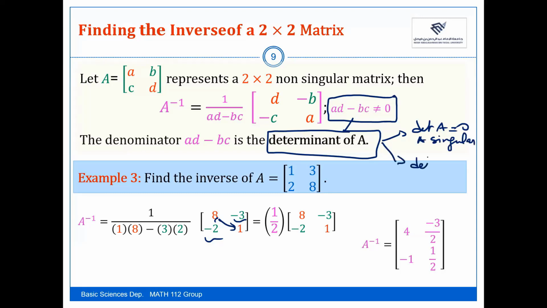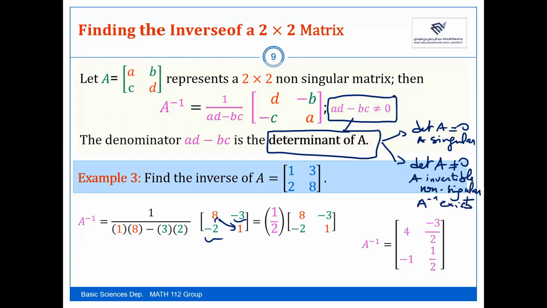If determinant of A is not 0, A is invertible or non-singular. Or A minus 1 exists.